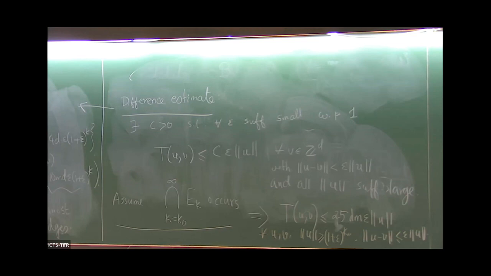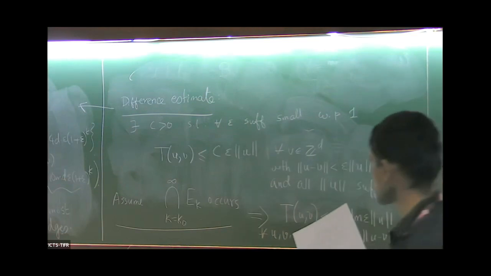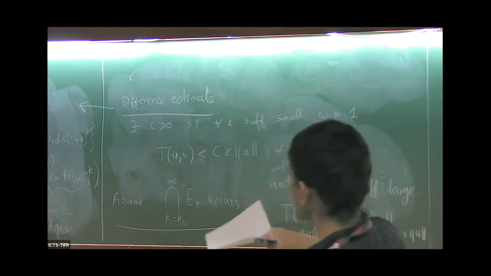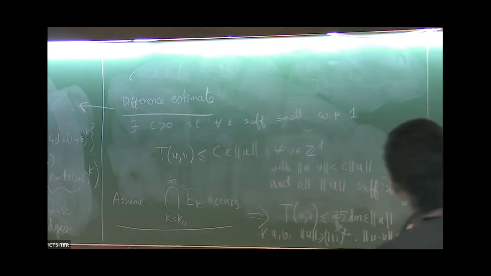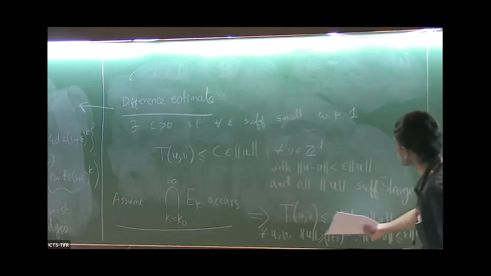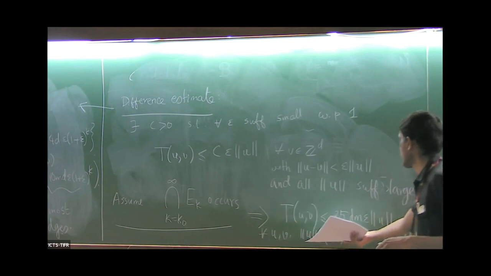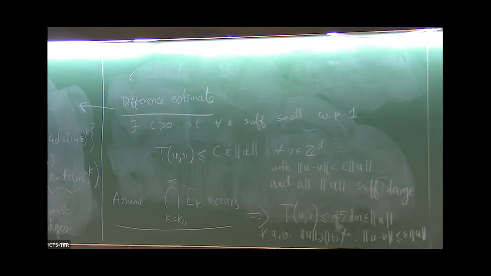Okay, so suppose we have shown this, that if Ek occurs from k0 onwards, then the difference estimate holds true for all u bigger than (1 plus epsilon)^k0.